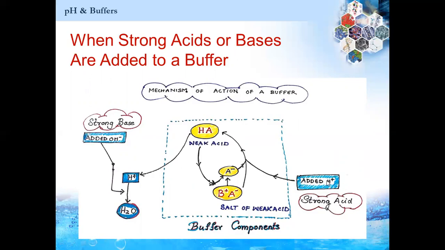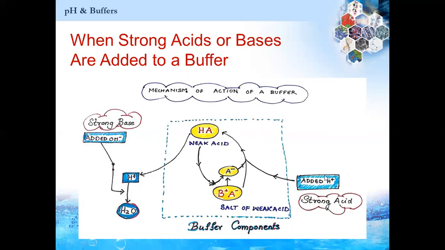The added H+ ions are now neutralized by the salt component of the buffer. The salt component of the buffer, represented as BA, dissociates as A-, and these A- ions react with the added H+ ions and form a weak acid HA, which is a component of the buffer.